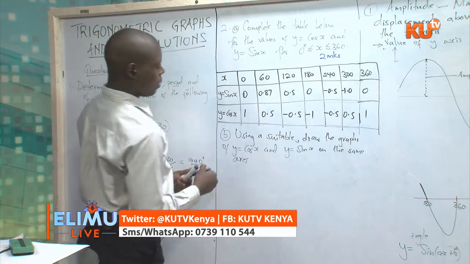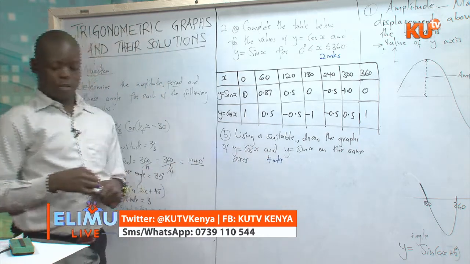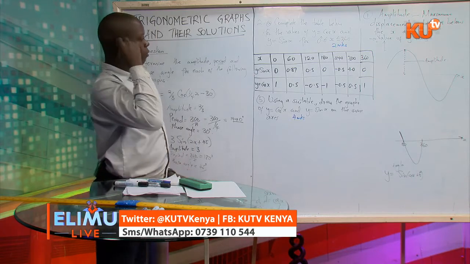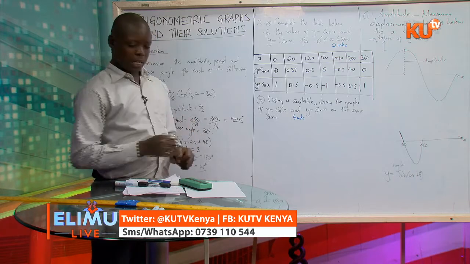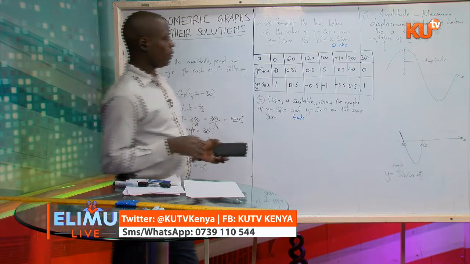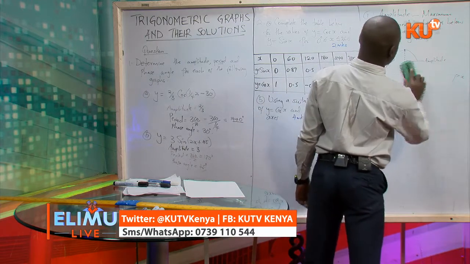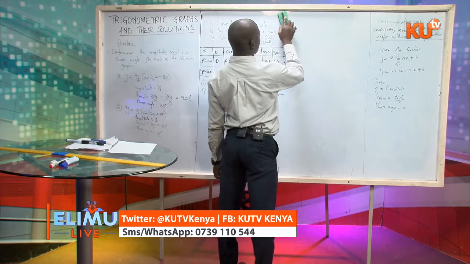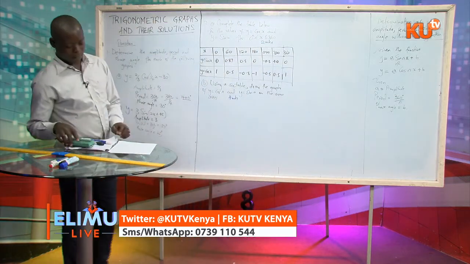So in this case, you've been given the option to use a suitable scale. And again, you must know how to use a scale. That is covered in Form 1, in the topic we call scale drawing. With that knowledge, you should be able to choose a suitable scale based on the values that you have.